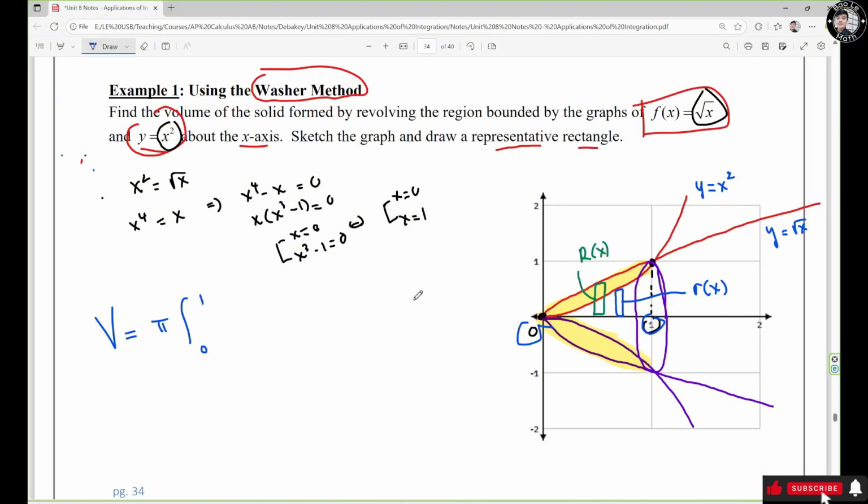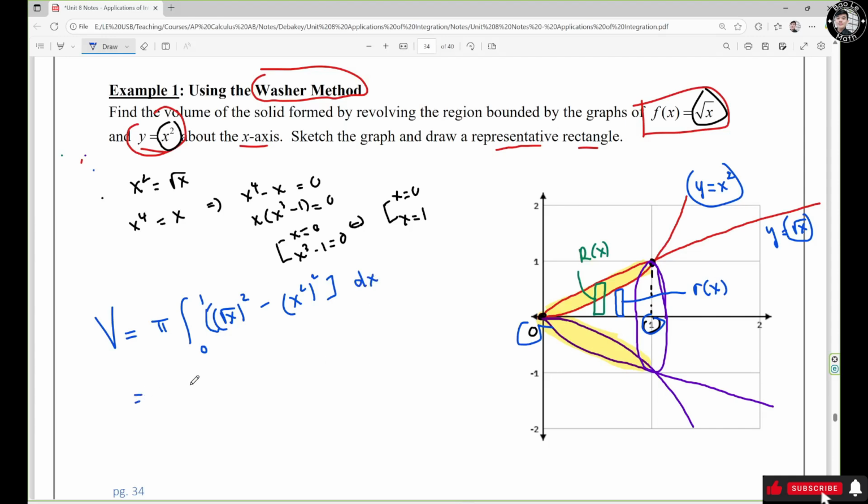The bigger radius, which is the outer function right here, square root of s altogether squared, minus the smaller radius, which is this guy right here, s squared altogether squared, ds.